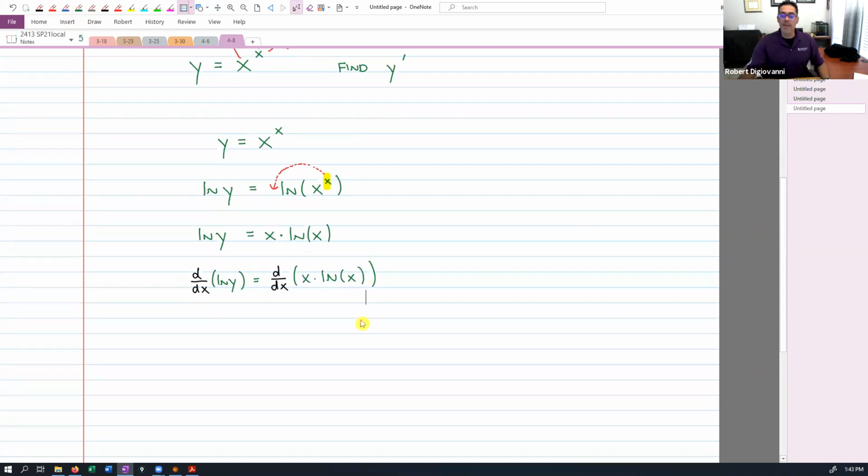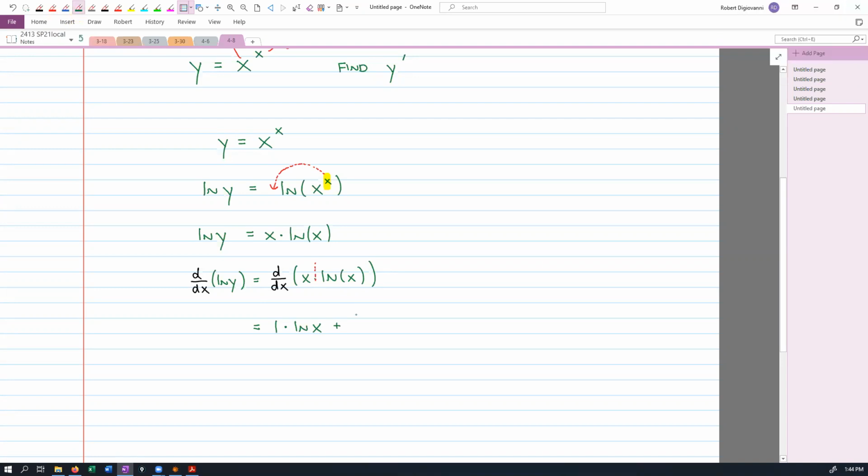All right. I'm going to do the right side first because that's the part that most people are comfortable with. If I ask you to take the derivative with respect to x on the right-hand side, we all see product rule, right? So we're just going to do the little product rule here. The derivative of x is 1 times natural log of x, plus, what's the derivative of natural log of x? 1 over x.